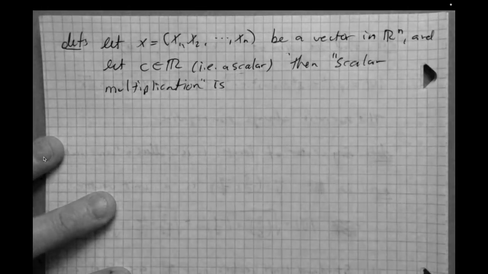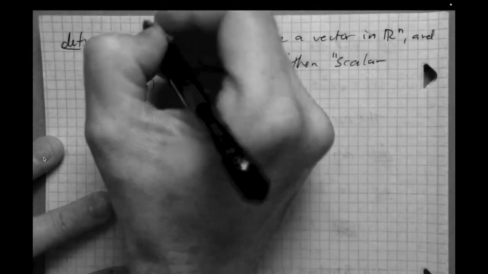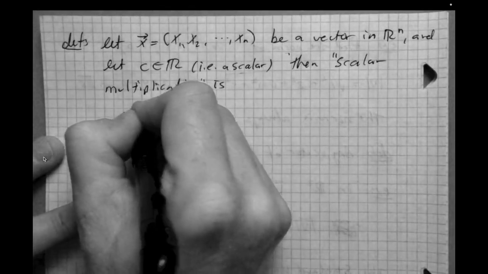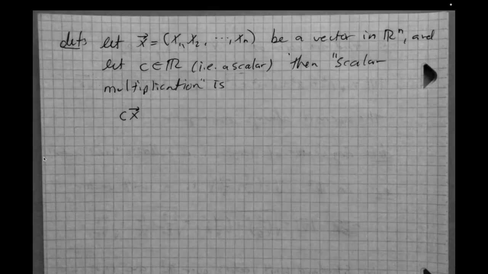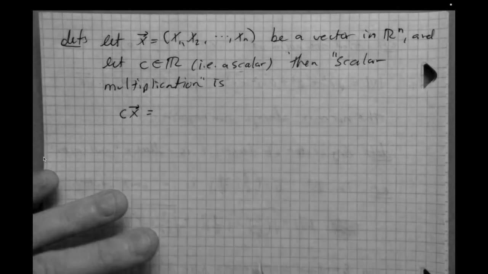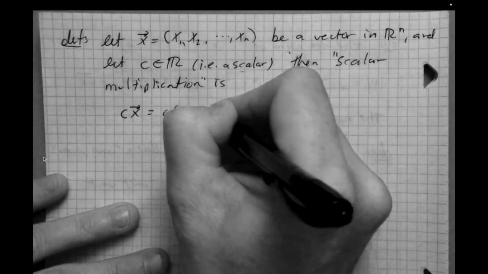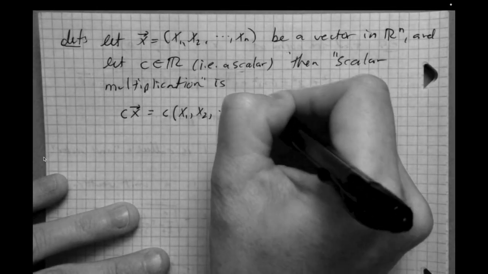Scalar multiplication looks like this. If I want to take c times x, maybe I should denote x as a vector with the vector symbol on top just for now. We may switch off of that, just to distinguish x from its components and to distinguish the vector from the scalar. So if I want to multiply a scalar times a vector, what does this look like?